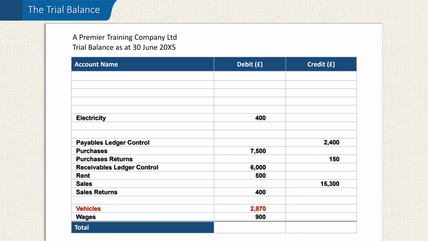Your vehicles are a business asset, and assets are always debits. If you take out a loan, you'll eventually need to pay it back, so the balance on the loan account must be a liability, and therefore a credit. Inventory is the stock of goods you keep ready to sell.